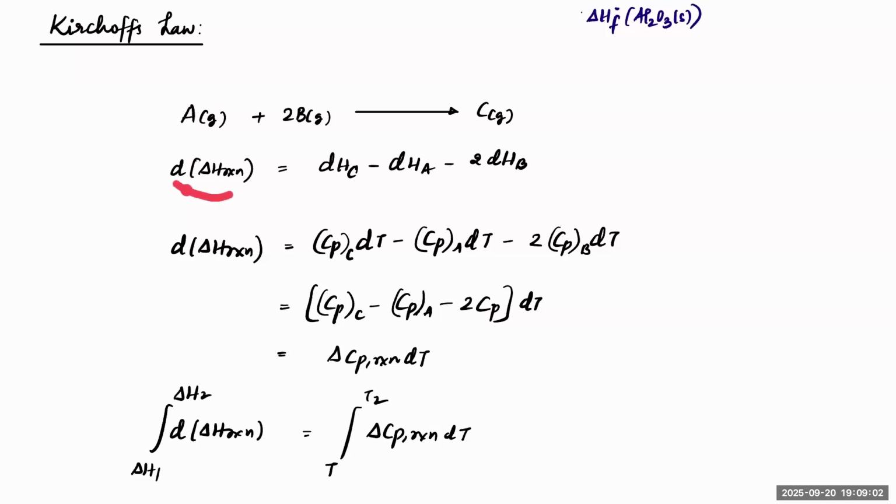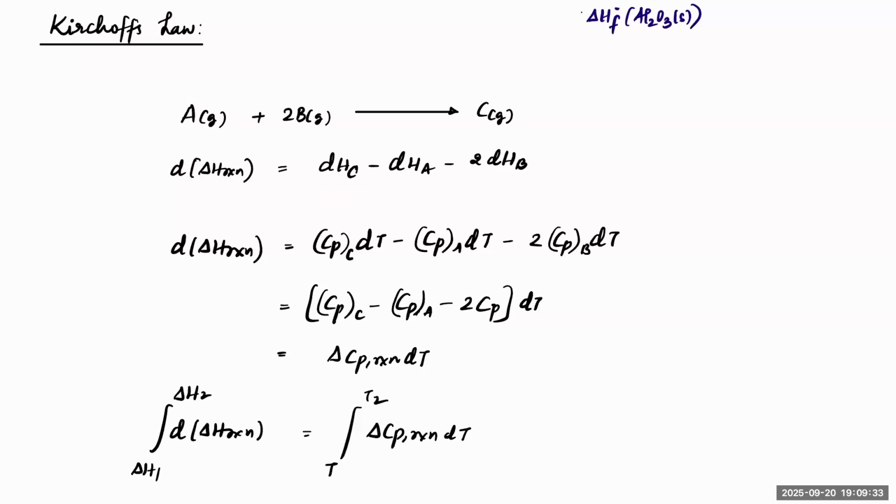Let me write this small difference of enthalpy as d of delta H of the reaction, which can be written as a small change in enthalpy of C minus a small change in enthalpy of A minus 2 times the small change in enthalpy of B, correct?